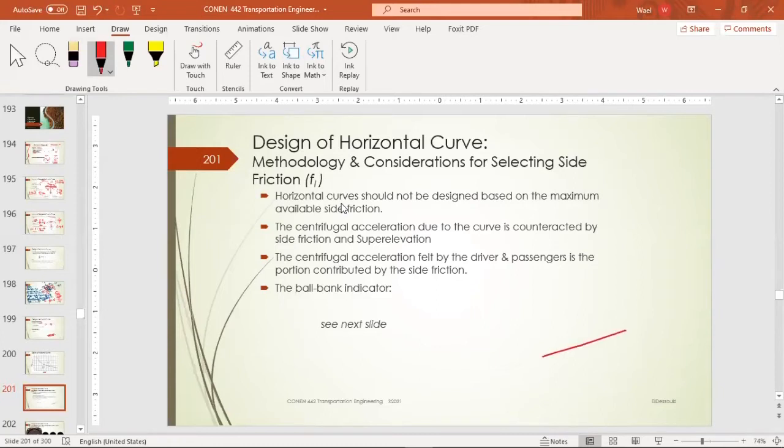So as I mentioned before, we have a component from the superelevation, okay, and there is another component from the friction. So basically the force experienced by passengers on the horizontal curve should be less than the maximum. We try to use the maximum available side friction, but we have to maintain that these forces should not exceed a certain value.